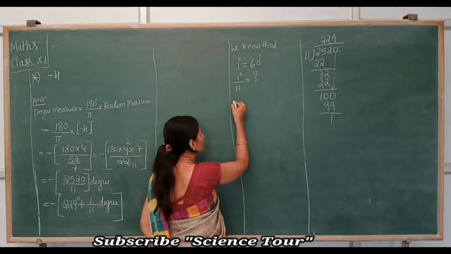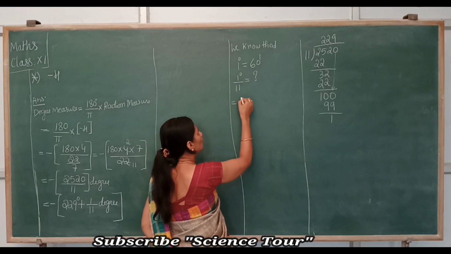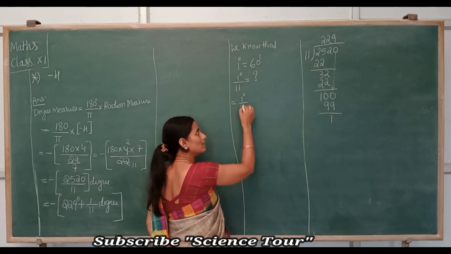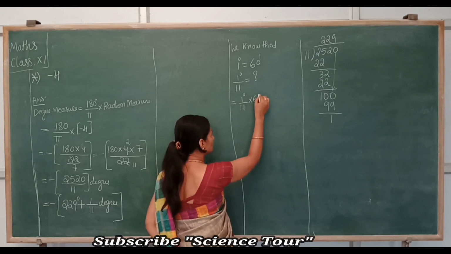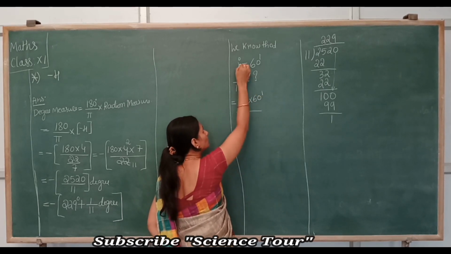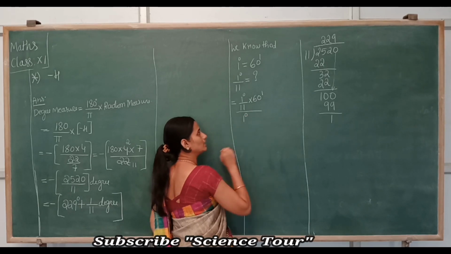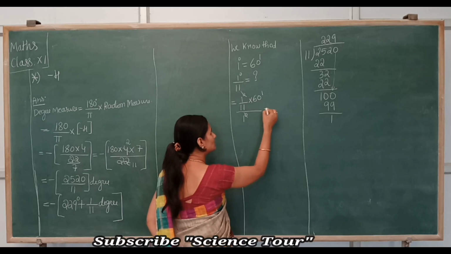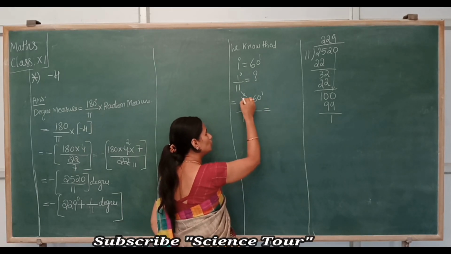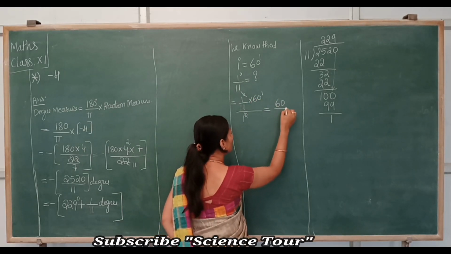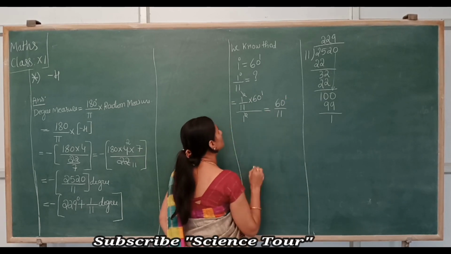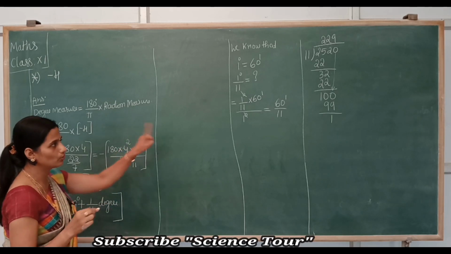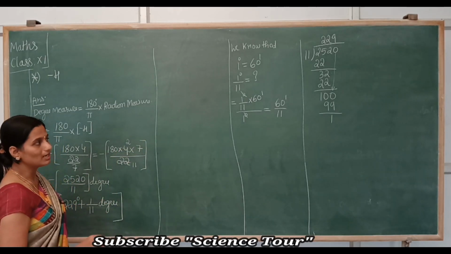That is equal to 1 divided by 11 degree into 60 minutes whole divided by 1 degree. So degree unit and degree unit cancel. That is equal to 60 into 1 is 60 divided by 11 minutes. Therefore 1 divided by 11 degree is equal to 60 divided by 11 minutes.